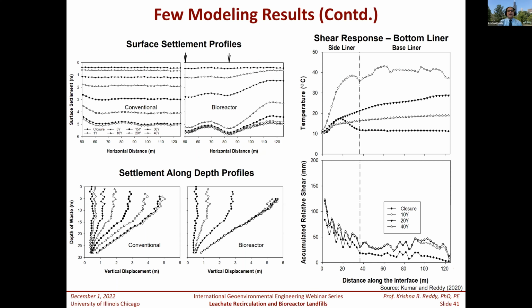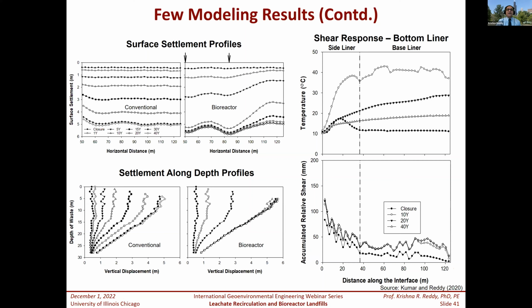And you can also look at the stability of the liner system. So you have a composite liner system. So what is happening there? The temperatures. You can look at a lot of different things. How the temperature is changing at the liner systems, and as a result, how the shear displacements and the shear stresses are changing. You can look at all these things.